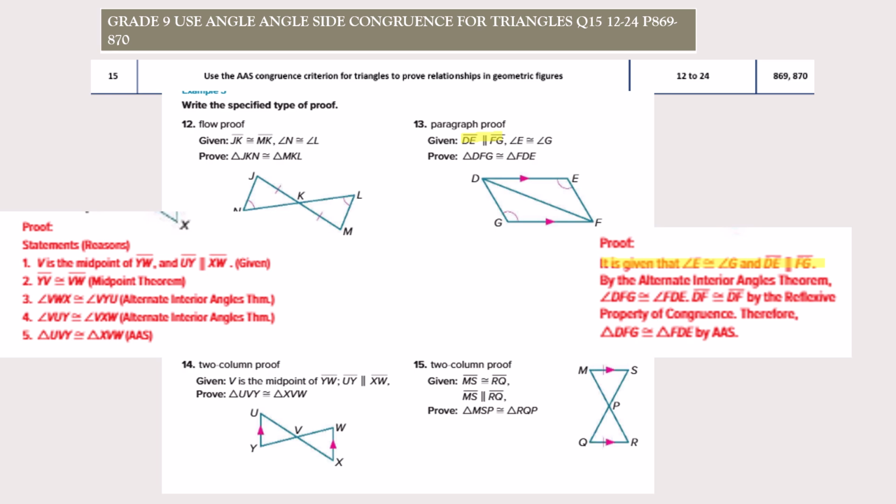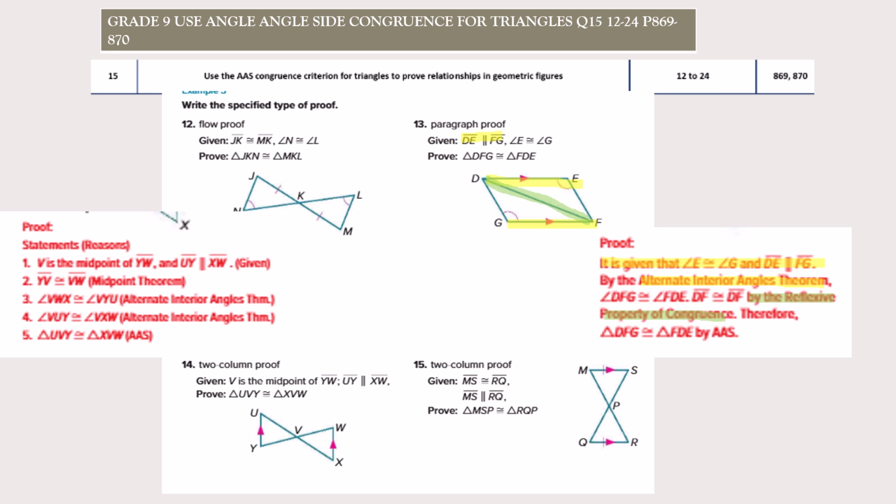And then because we have parallel lines here, we know that we would have the alternate interior angle theorem, and therefore another set of angles are equal.